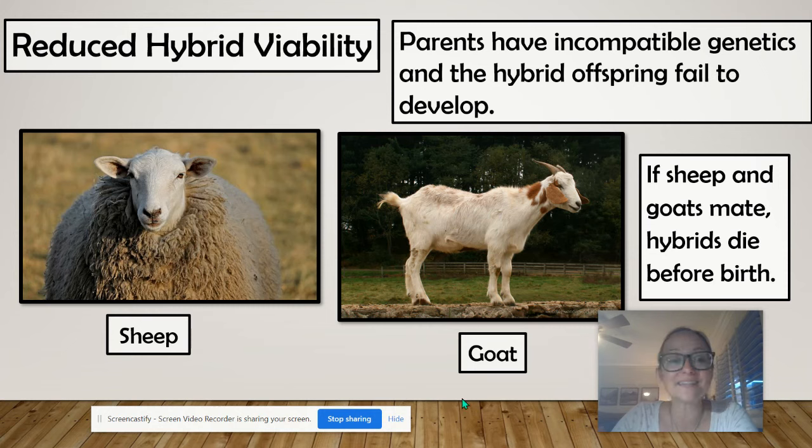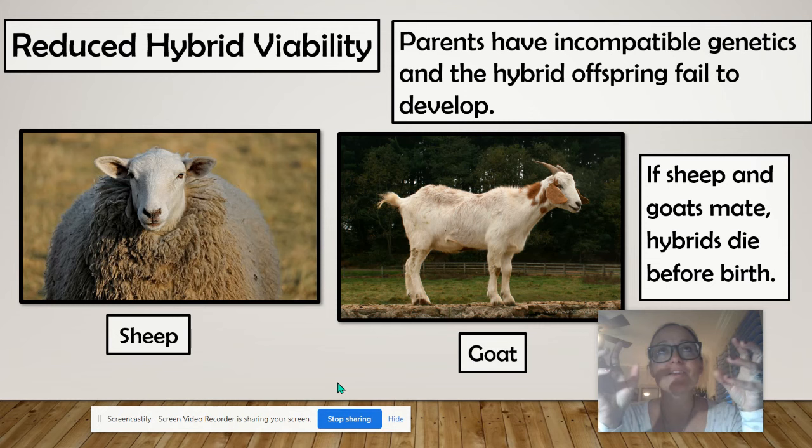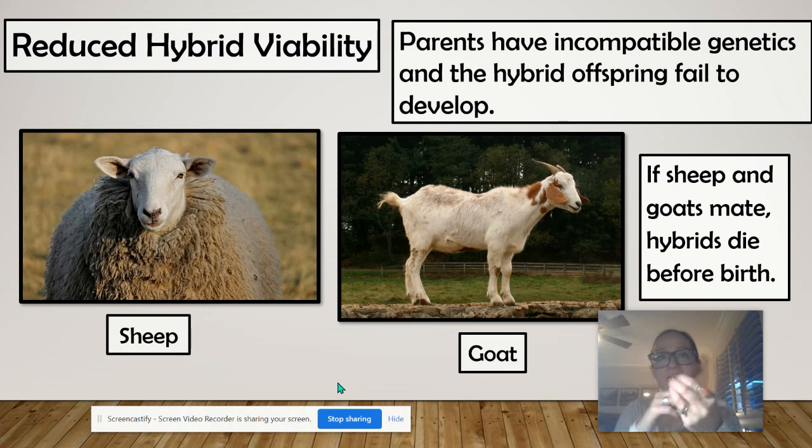Our first one is reduced hybrid viability. Basically, mating happens and a zygote forms, but the genetics of the two parents are so different that there isn't compatible DNA. There are no homologous genes, and therefore the genetic components in the zygote cause it to not develop.